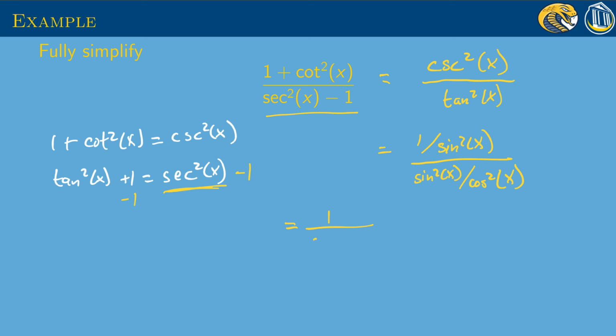We can write it as 1 over sine squared x times cosine squared over sine squared x. And we'll notice that this simplifies down to cosine squared over sine to the 4. And I don't think we can really get any simpler than that. We could rewrite this a number of different ways, but this is broken down into just sines and cosines now.